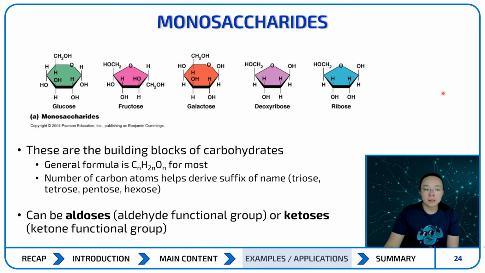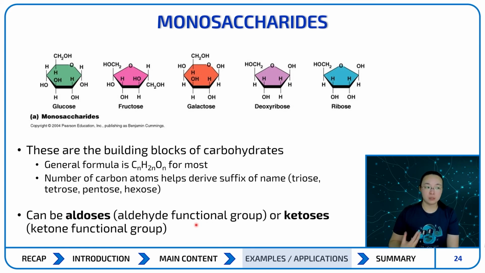The general formula for monosaccharides is going to be CnH2nOn, and that's in general. There are some exceptions. The number of carbon atoms helps derive the suffix of the name. So for example, if you have 3 carbon atoms, then it's going to be some sort of triose. If you have 5 carbon atoms, it'll be a pentose sugar.